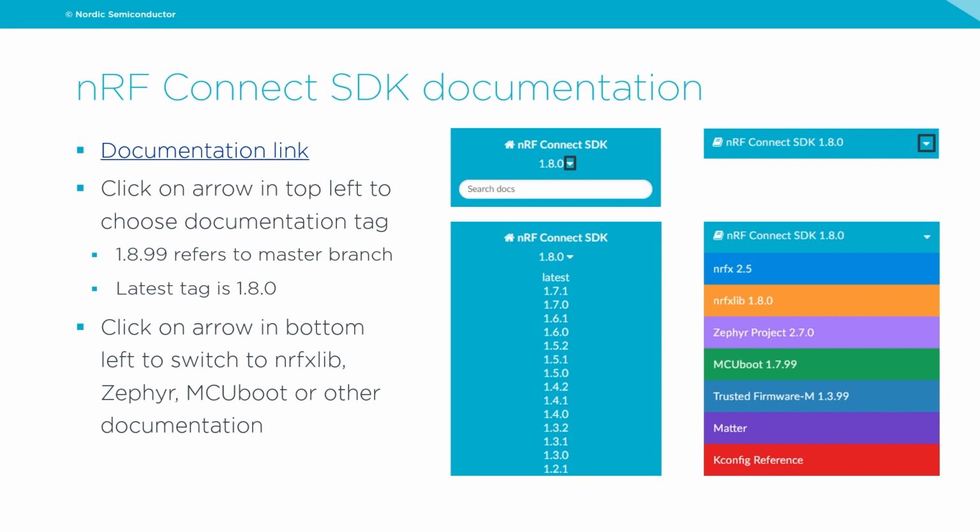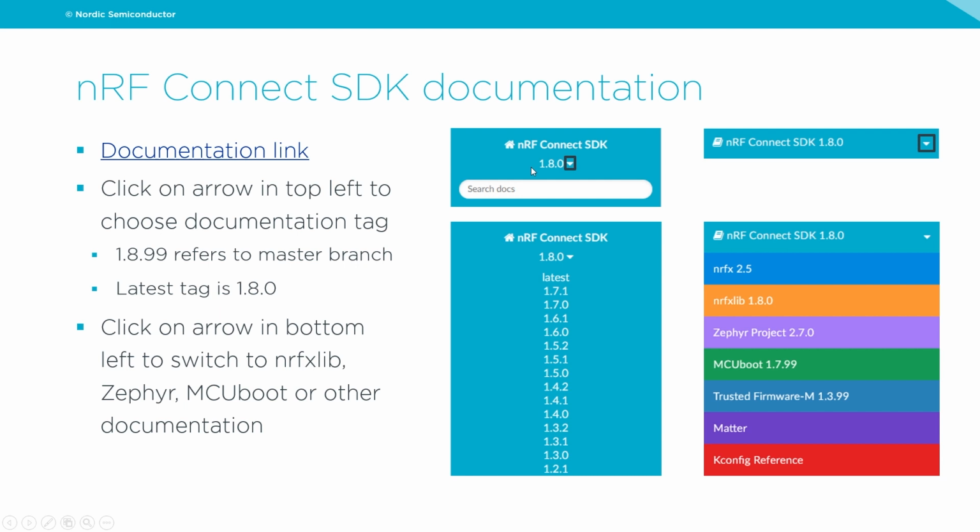So just quickly on the nRF Connect SDK documentation. I have a link to the documentation if you want to look at that. Like I said, I'll include the PDF, so you can click on the link there. On the documentation page, you'll see on the top left-hand corner of the screen, the tagged version.